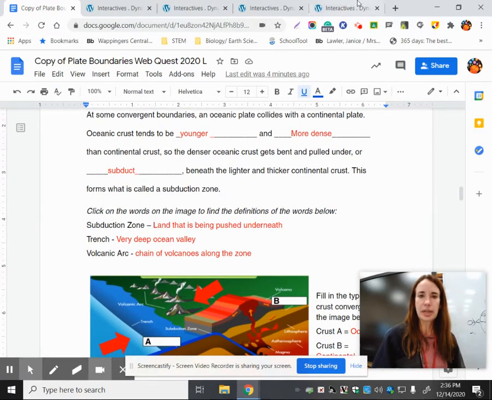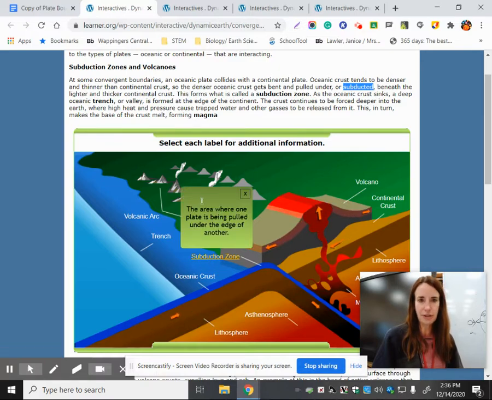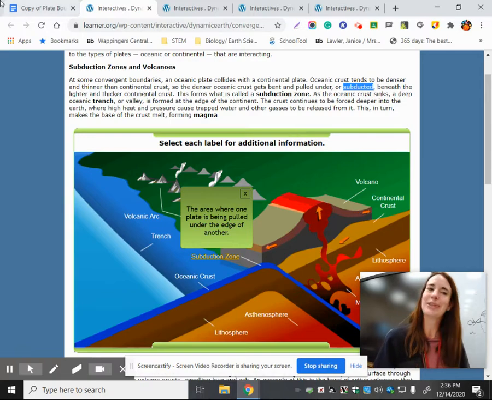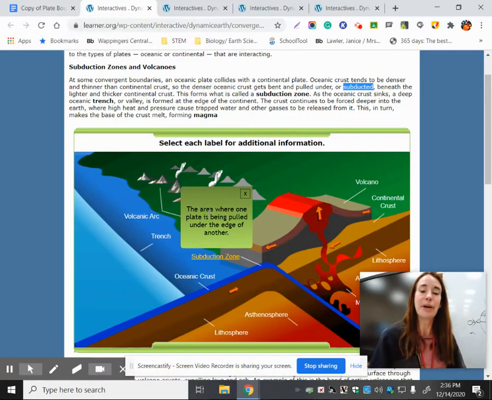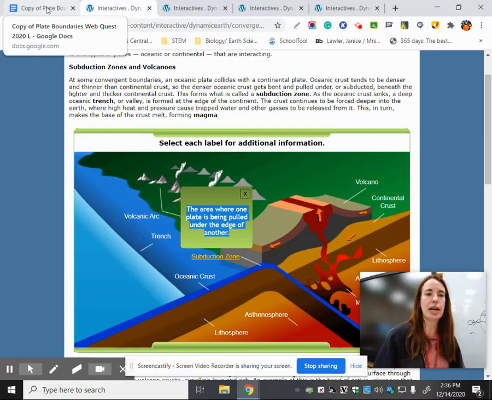You can click on these different parts right here and get the full definition, or you can just write my simpler one. It's up to you. If you want to go to this website and copy and paste it, you can click the right button and copy it, and then put that into your document.